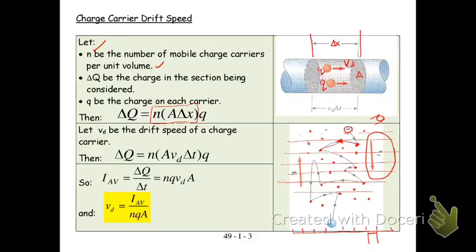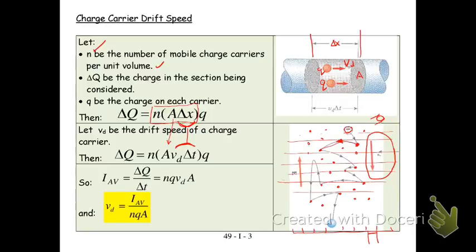Yep. And then we say, well, let v_d be the drift velocity of the charge carriers. So my total charge in my little piece of wire is the number of charge carriers times q. And then I can work out delta x by using my drift velocity times the time. Isn't it? If I'm traveling at 5 meters per second for 5 seconds, I've traveled 25 meters. So I did that.